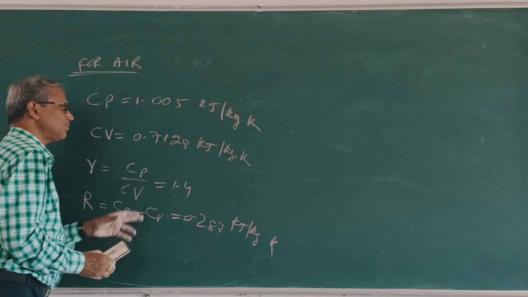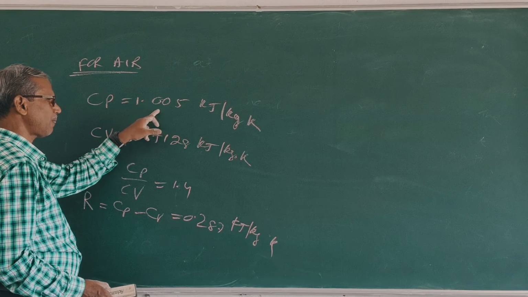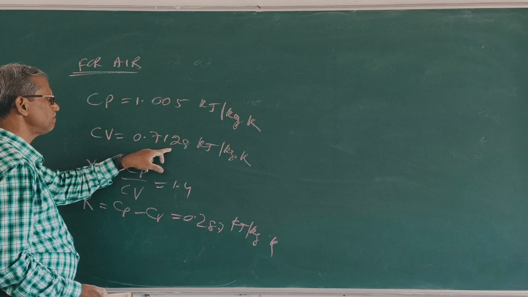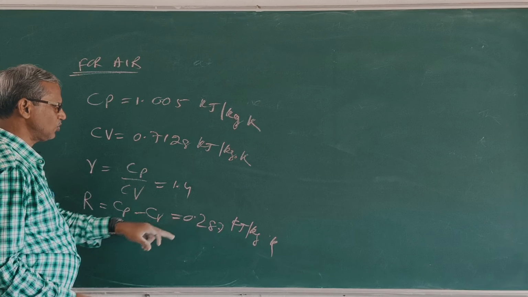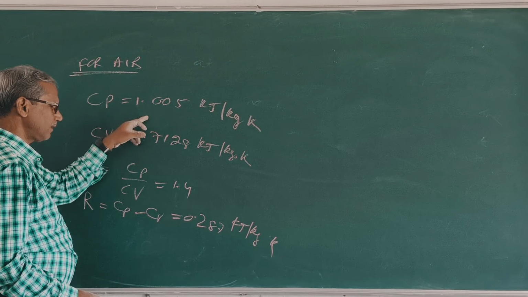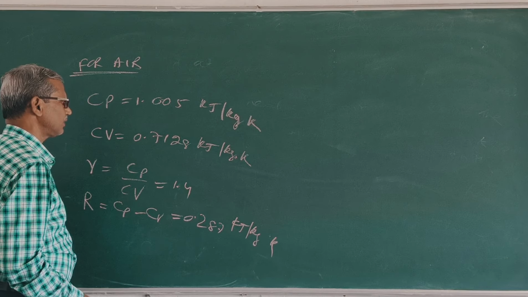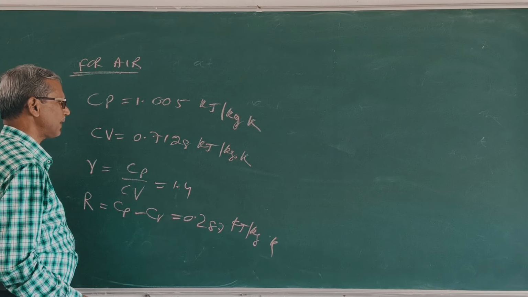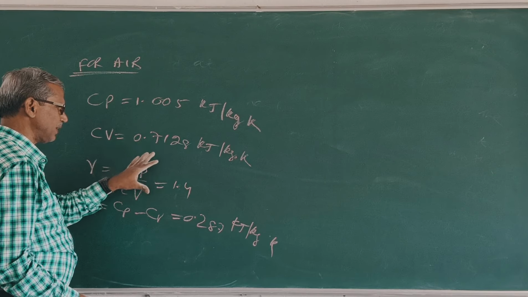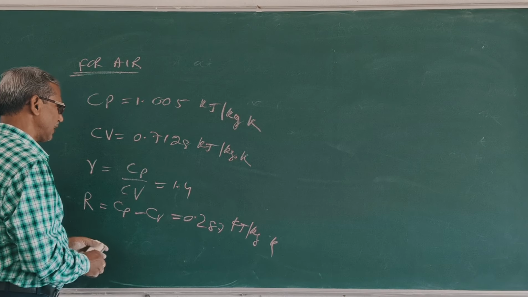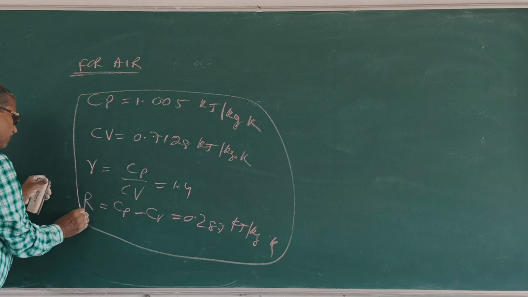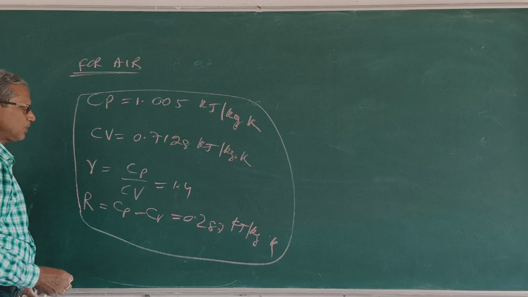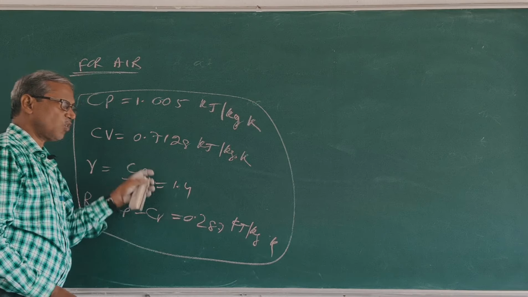Clear? These are the values of Cp, Cv, gamma and R for air.